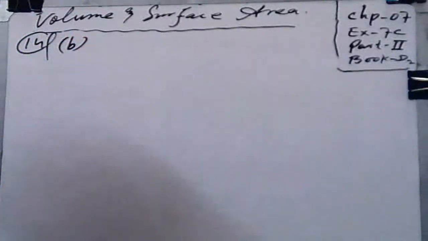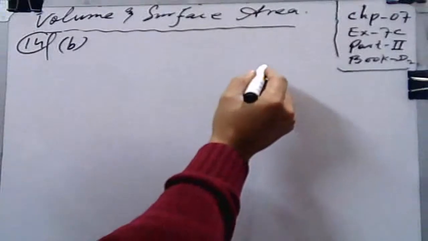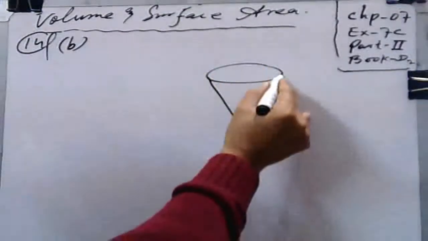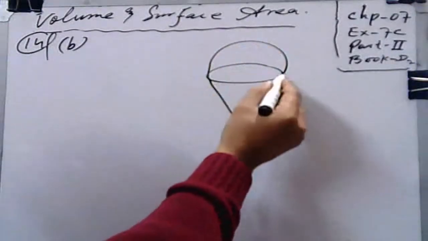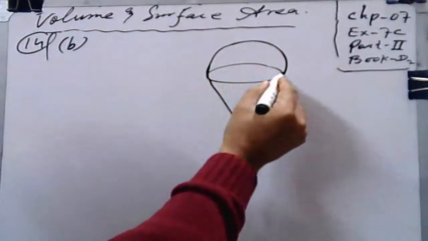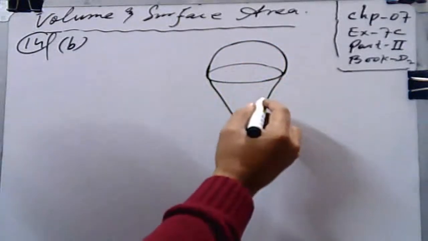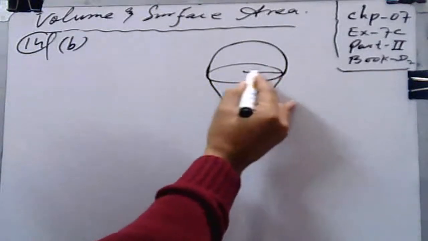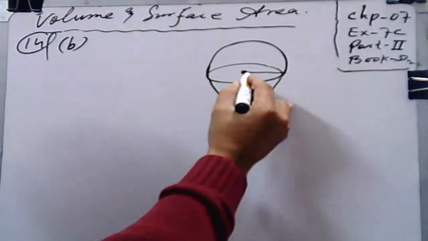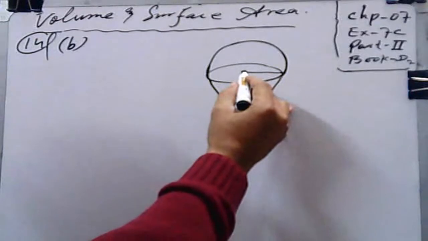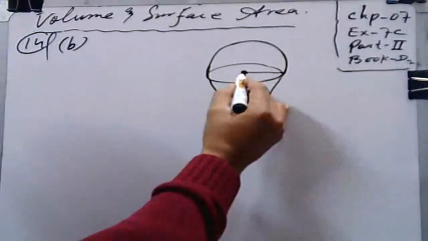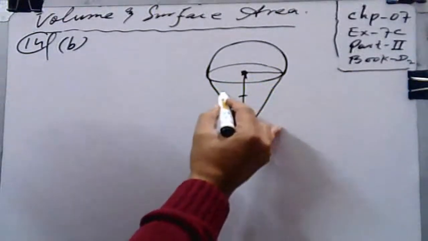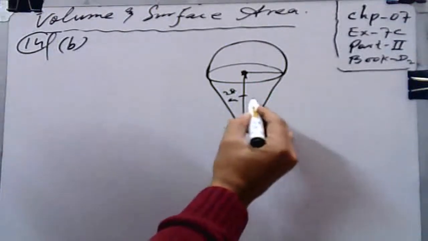So you can see here from this to this it is given, that is 28 centimeter, and that one is your 35 centimeter, and this one is 21 centimeter and full height.